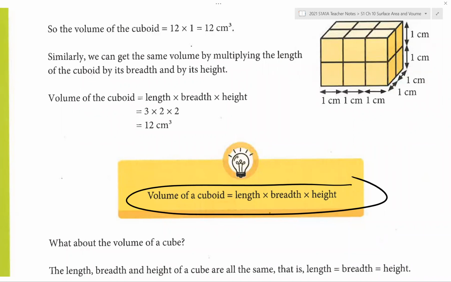Which page is this? 139. Highlight this. You need to memorize. Length times breadth times height. So this is something that some of you already knew before the lesson today, because I heard you say it.